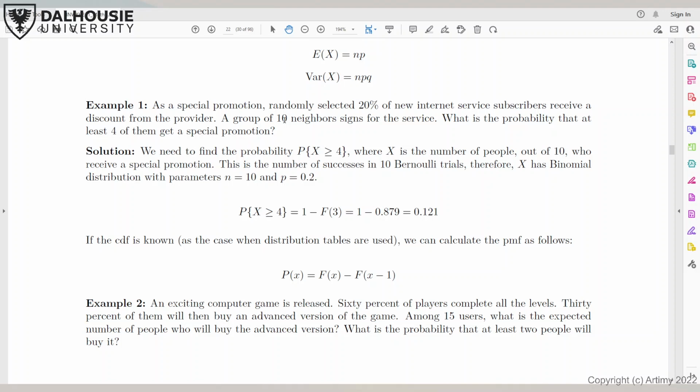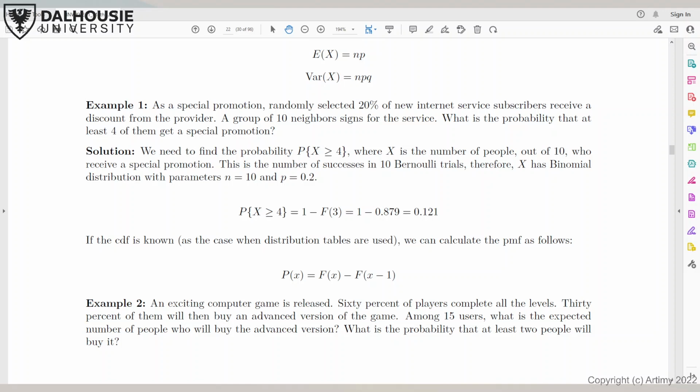So being selected for promotion has a probability of 0.2. In this case, small p is 0.2. The question is, if we have a group of 10 neighbors signing up for the service, what is the probability that at least 4 of them get a special promotion?